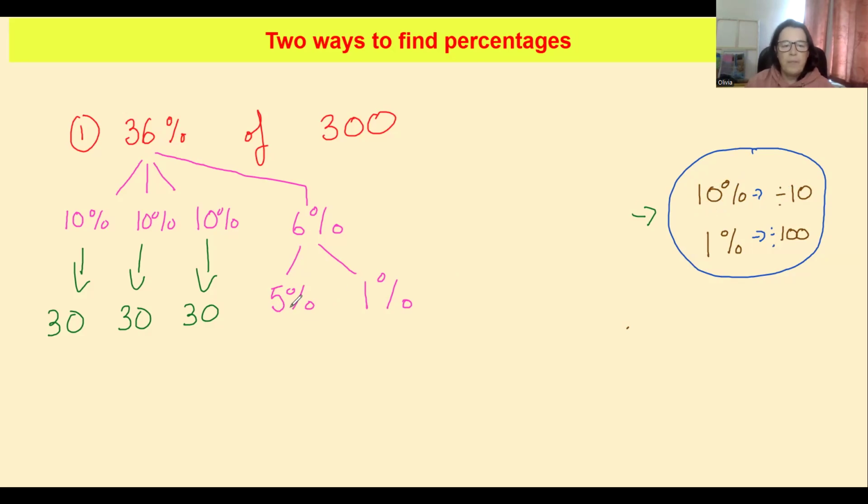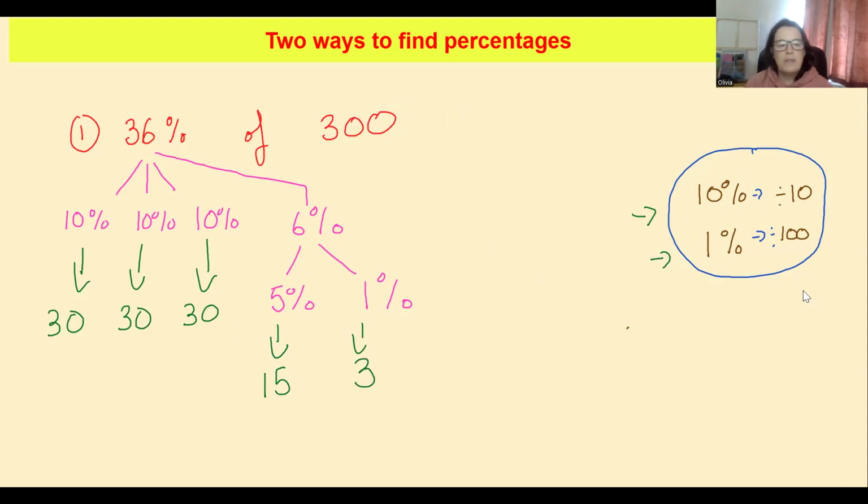So half of 30 is going to be 5%, which is 15. 1%, okay, I need to have learned that off by heart. 1%, I divide by 100. 300 divided by 100 is 3.